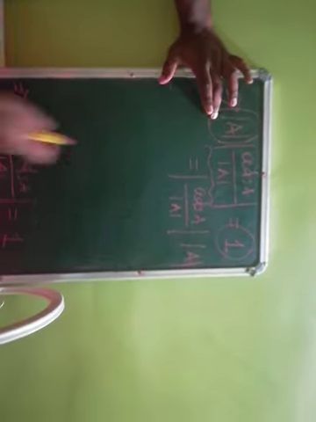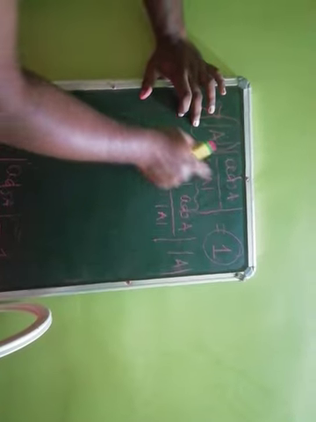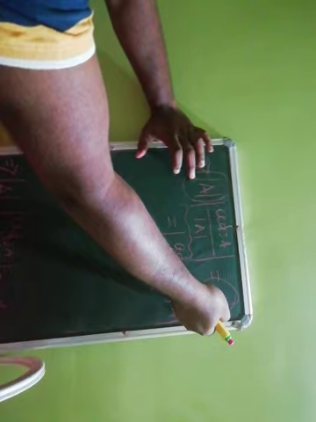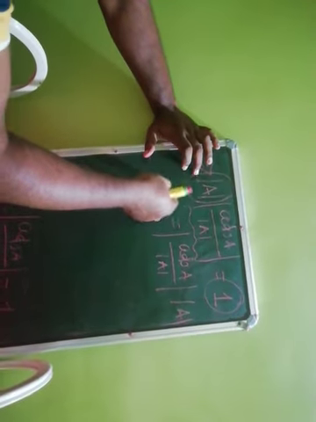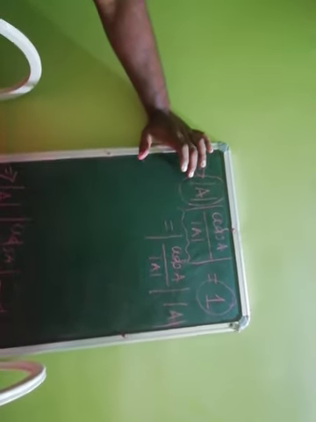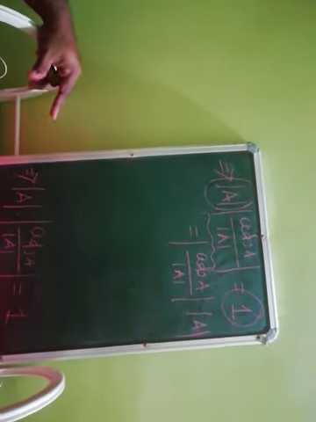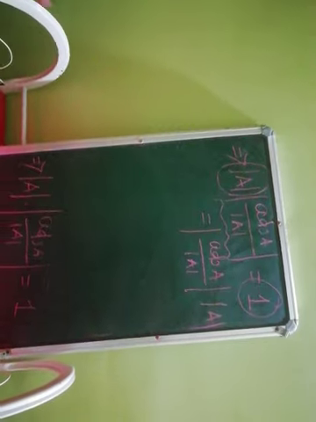So if this is a matrix, this is another matrix, and the product of the two matrices is the identity matrix, or we can say the product of the determinants of two matrices is 1, then surely they are inverse of each other.